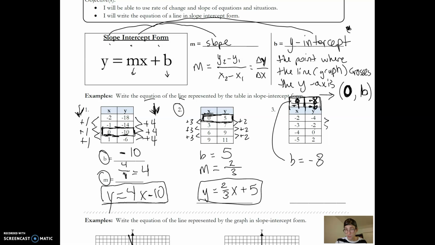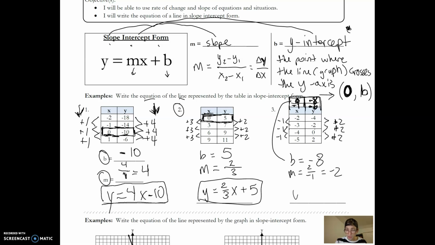Our change in y every time looks to be like we're subtracting 2, adding 2. Just kidding. And it looks like over here on our x side we're actually subtracting 1 every time. So our slope is going to be 2 over -1, which is -2.